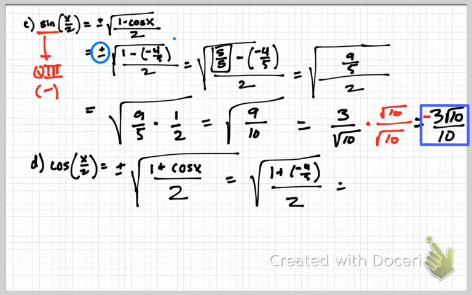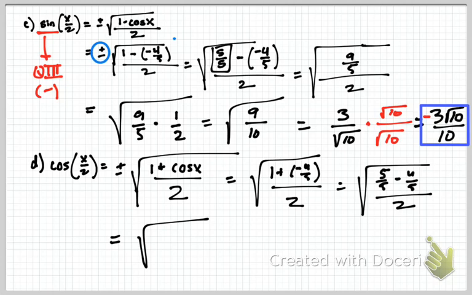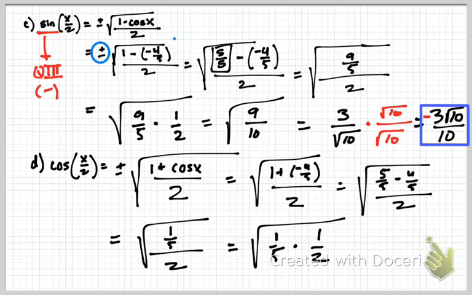Same process again, 5 over 5 minus 4 over 5 over 2, which equals, I'm getting tired just doing this, 1 over 5 over 2, 1 over 5 times 1/2, which equals square root of 1 over 10, 1 over rad 10, multiply by rad 10 over 10, and we end up getting rad 10 over 10.